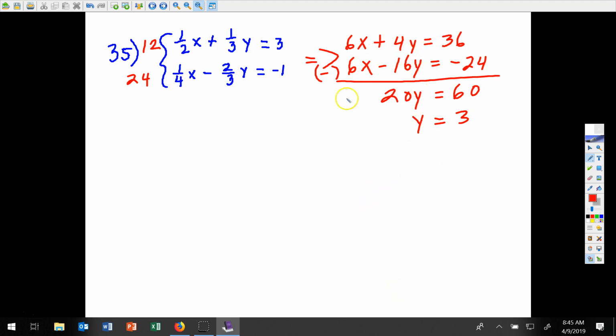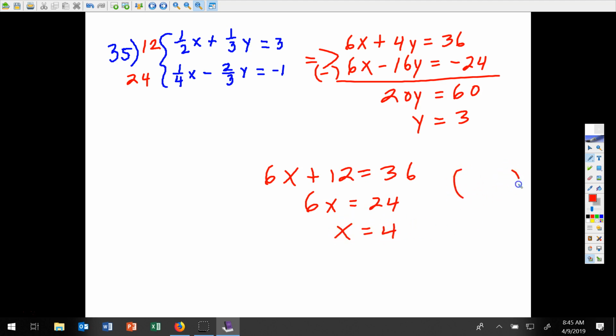So you want to go with the top? 6X plus 12 is 36. 6X is 24. X is 4. Who was able to get that? Great. Any questions?